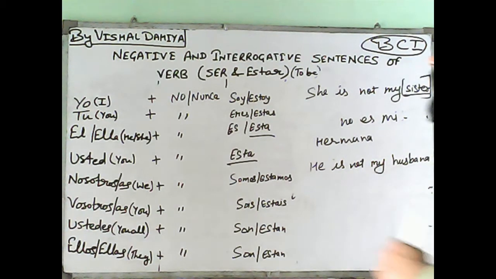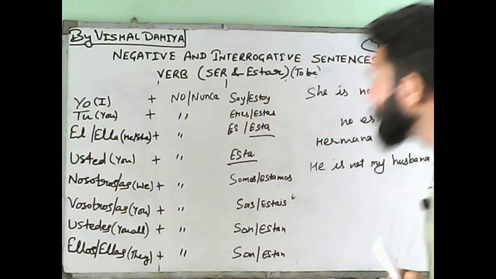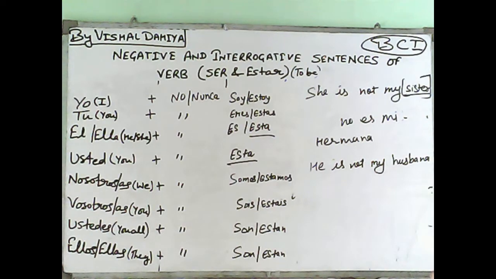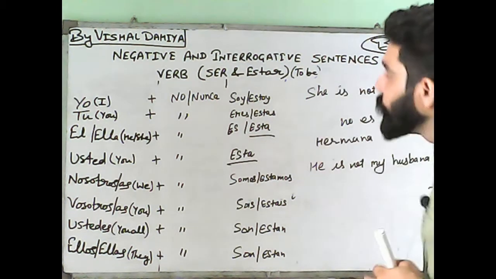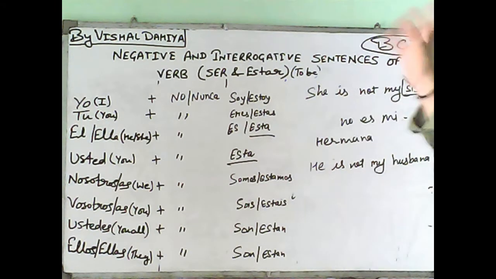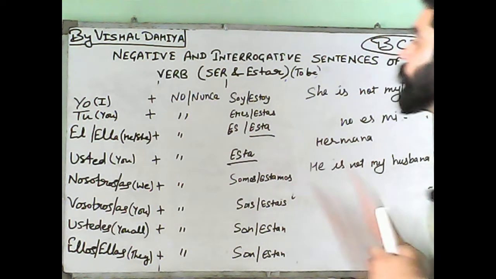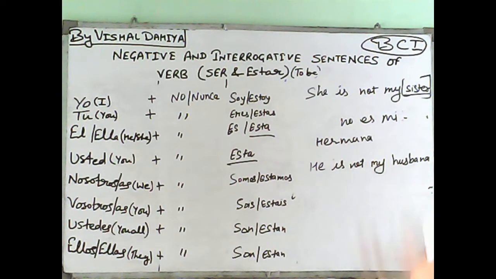For example, it covers location, or it covers telling your health condition or someone's health condition. But for a personal description, for example, she is tall, she is fat, she is hot, or she is skinny, these things should be mentioned with the help of ser. You have to use ser, right? Otherwise you will have to use estar, right?